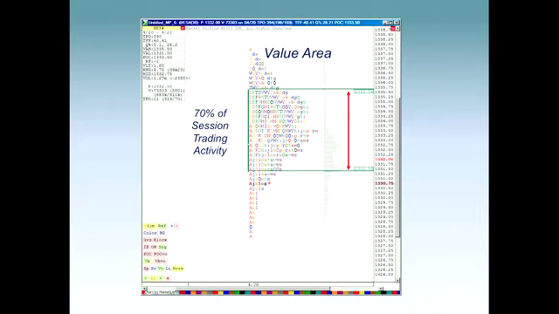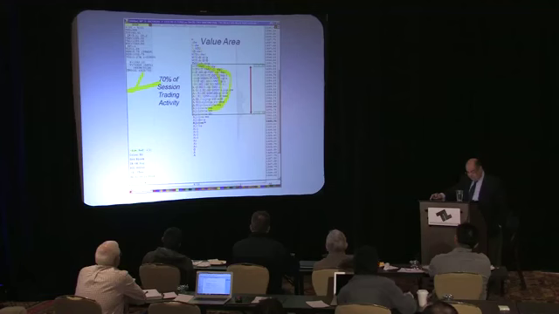If you remember from our normal distribution, this is the area where 70% of the activity took place during that particular candle, during that 24-hour period. 70% of my activity right here. Okay? There's the value area high, and there's my value area low.